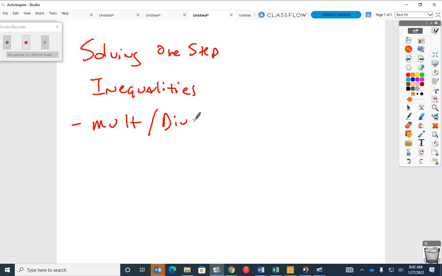How many of you found that solving inequalities with addition and subtraction was pretty easy? The only difference is this is still pretty easy, but there's a rule that you have to keep in mind.